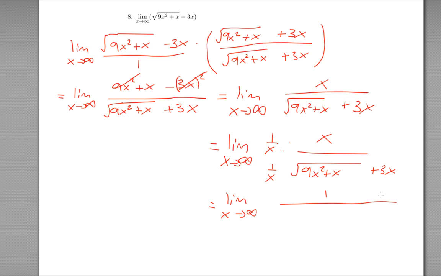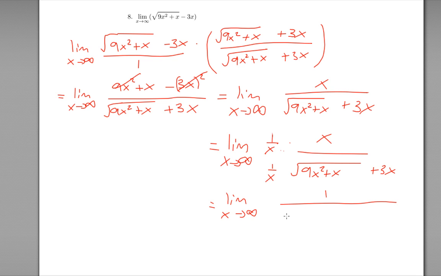And then if we multiply the 1 over x into the square root, first of all, let's keep in mind that because we're going to positive infinity, these x values are really, really big, and they're positive. So when I multiply the 1 over x inside the square root, I don't have to leave a minus sign out here. This is actually just a positive number, positive square root. So we can just multiply that 1 over x in without worrying about any signs.